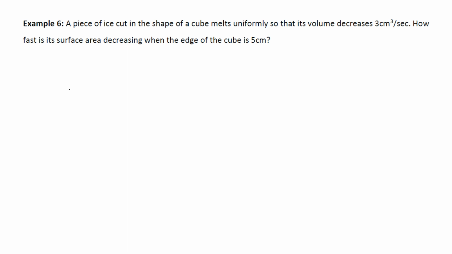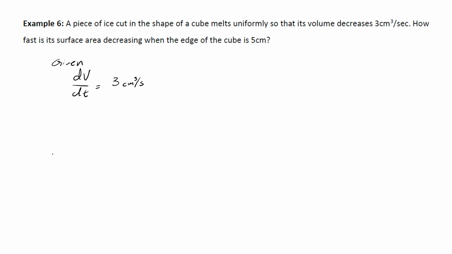So let's think, it's a piece of ice cut in the shape of a cube that melts uniformly, so perfectly melts, so that its volume decreases at 3 centimeters cubed per second. So one of my givens is that dV/dt is equal to 3 centimeters cubed per second.